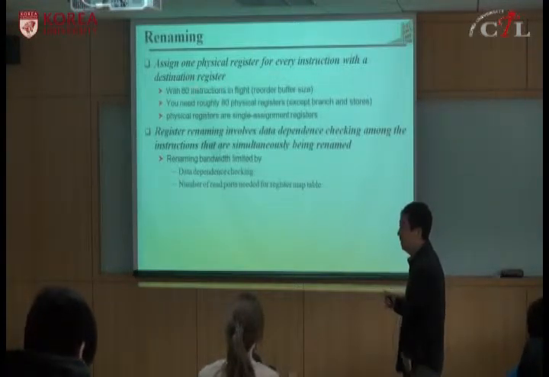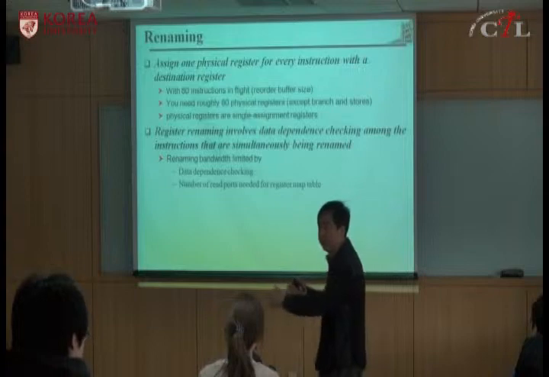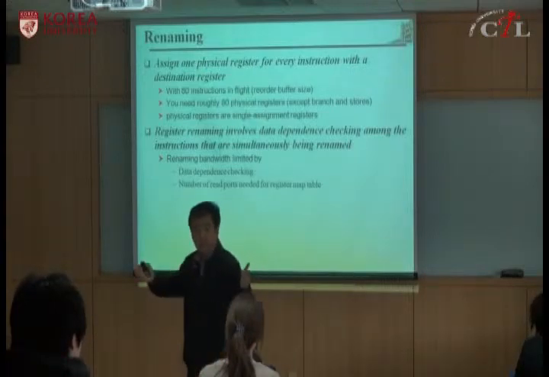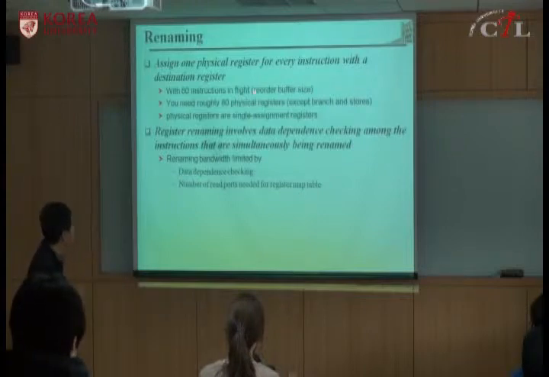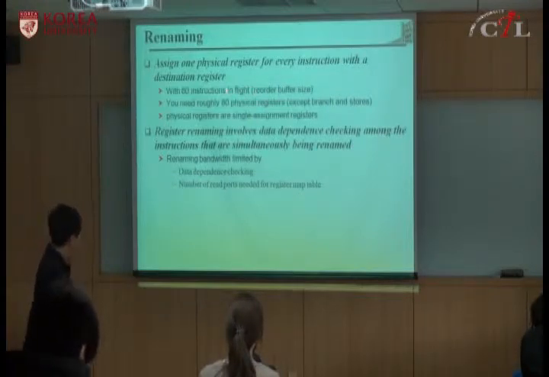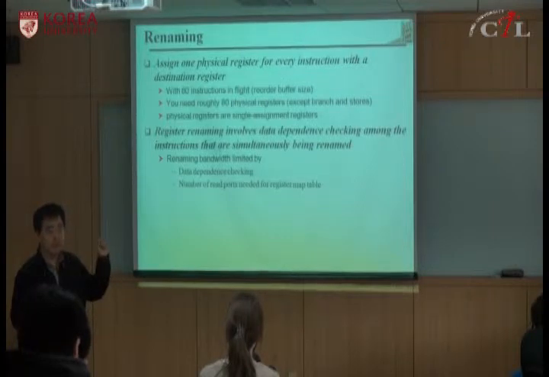So approximately, if in the pipeline there are 80 instructions in flight, meaning they haven't completed execution and are in the pipeline, in each of the pipeline stages, then you can allocate approximately 80 physical registers, assuming each instruction has a destination register. Okay?